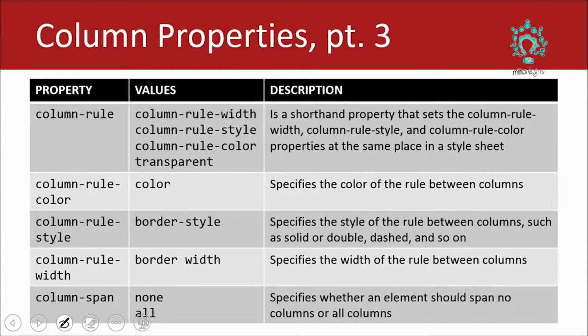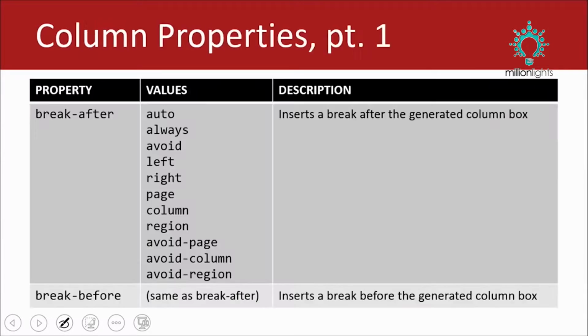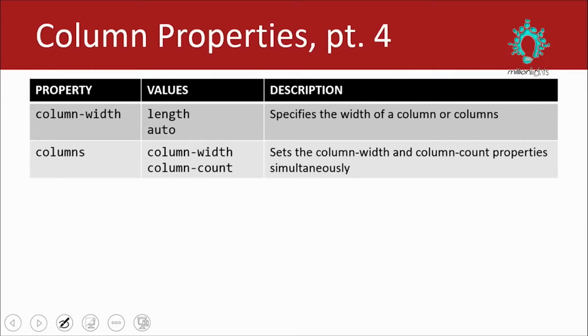We also want to make sure that we pay attention to all the ones posted here with the column rule. We've got column rule color, which will specify the color of the rule between the columns and whether or not there's a line, sort of like the red one that I drew earlier, right? And finally, column width and then columns. Columns is shorthand for setting the column count and the column width.